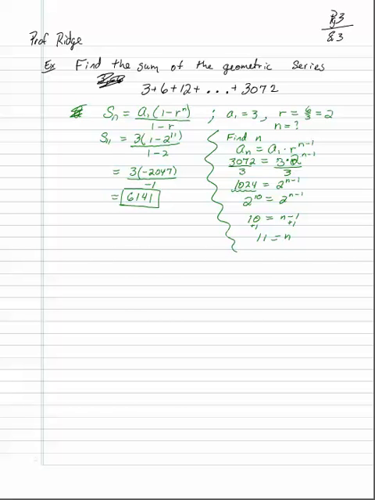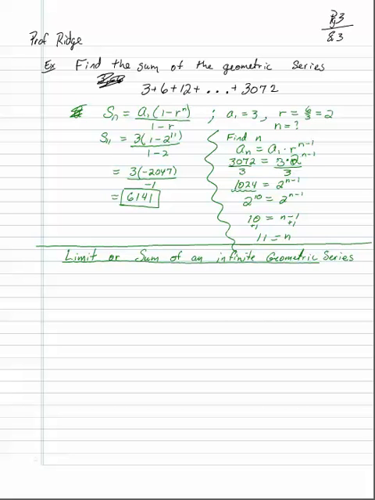There we go. Okay, so now let's talk about the limit, or the sum, of an infinite geometric series. When the absolute value of r is less than 1, so r has to be a fraction, it could be 0.9 or 3/5 or negative 3/5, because you take the absolute value of it, which has to be less than 1.